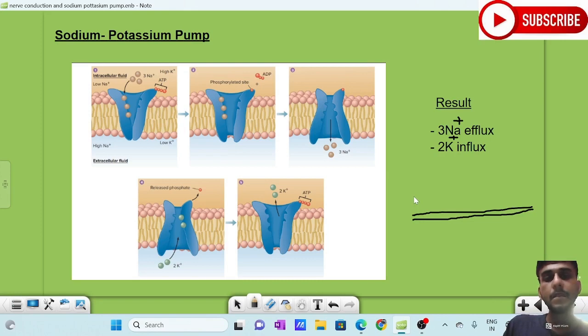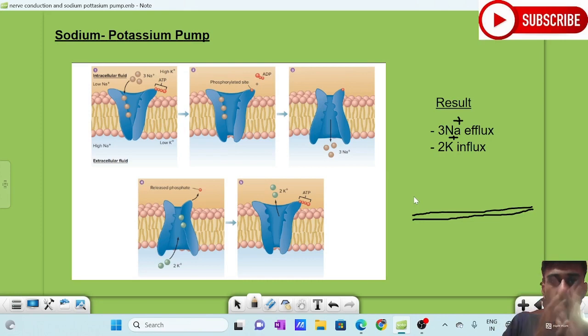Actually, about 145 millimolar concentration of sodium is seen outside and 10 millimolar sodium is seen inside, and vice versa: about 150 millimolar potassium is seen in high concentration inside, and about 10 millimolar outside.